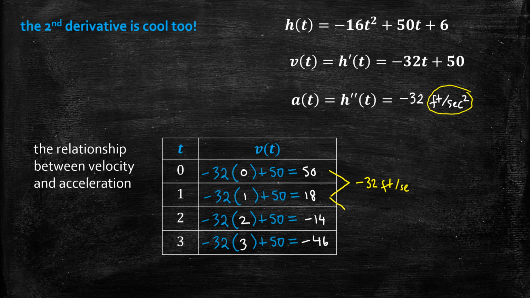And the same is true here, negative 32 feet per second, because obviously the slope of the velocity function is indeed negative 32. And so this is acceleration here. What that means is negative 32 feet per second squared literally means that the velocity decreases by 32 feet per second every second.